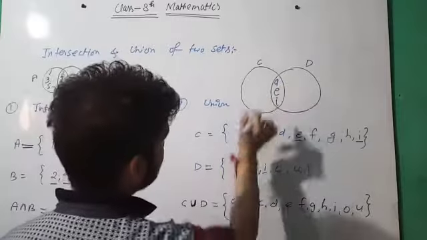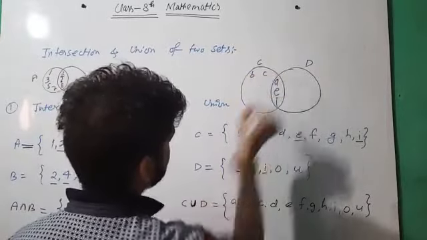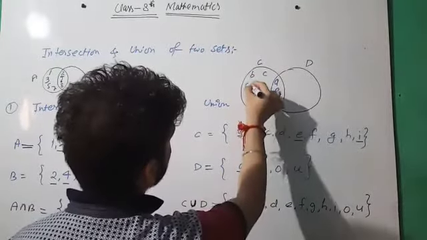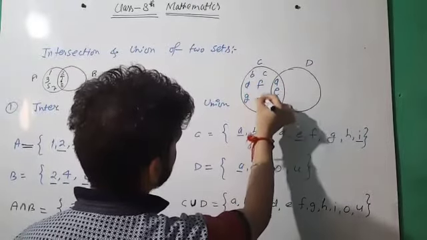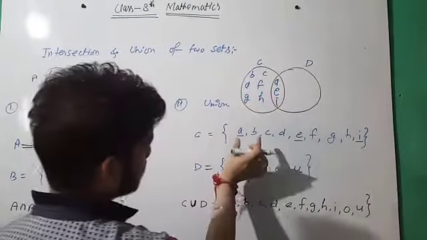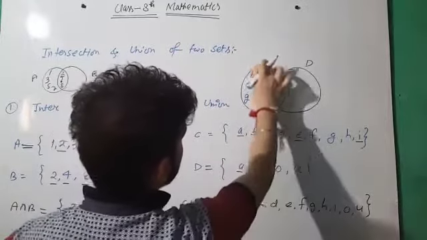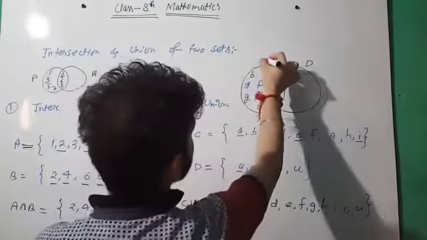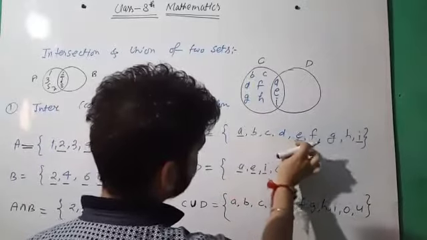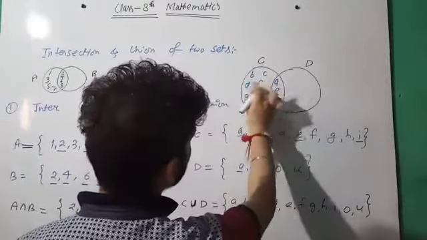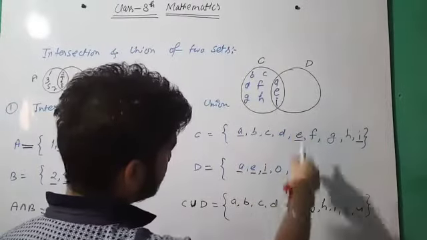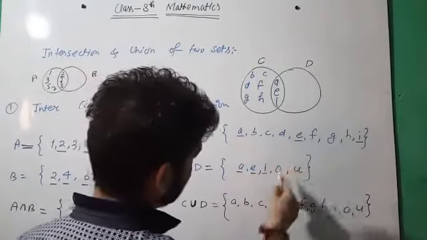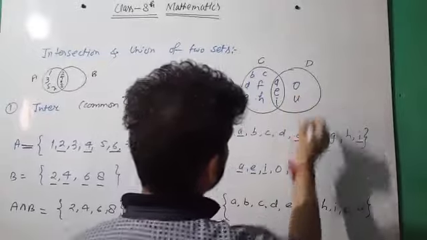We have A, B, C, D, E, F, G, H, I. So the total number of elements in set C is 9: 1, 2, 3, 4, 5, 6, 7, 8, 9. In set D, we have A, E, I, O, U, so O and U are the remaining two elements.